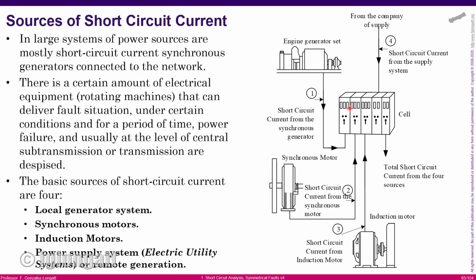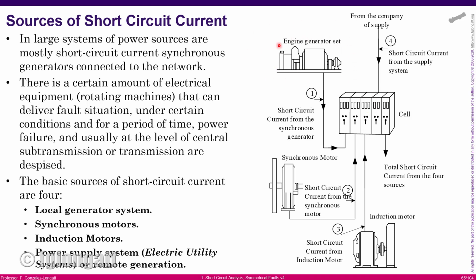In this case, I am using an industrial power system because it's probably the best way that I can show you all the sources of short circuit current. Imagine that this is the power supply coming to your industry, and inside you have a cell, and that is the substation.